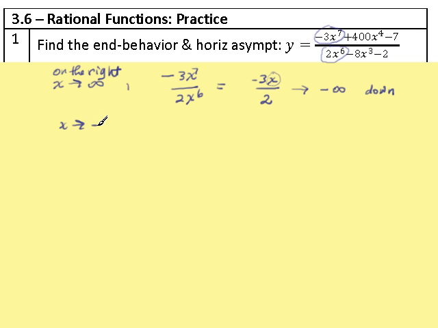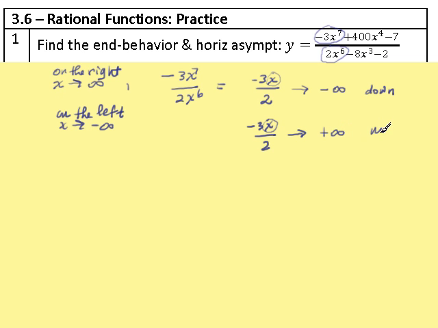And as x goes to negative infinity, that's on the left, minus 3x over 2. Okay, now this is going to negative infinity, and we have a negative in front. It's going to go to positive infinity.